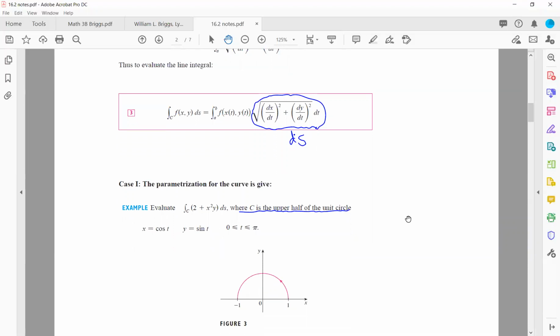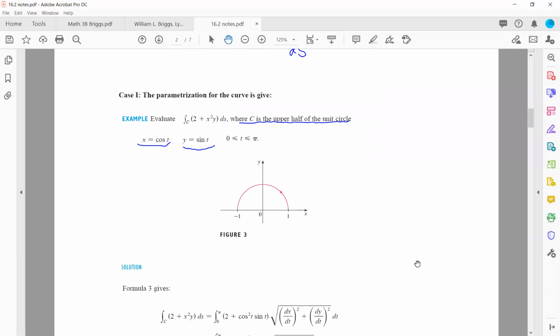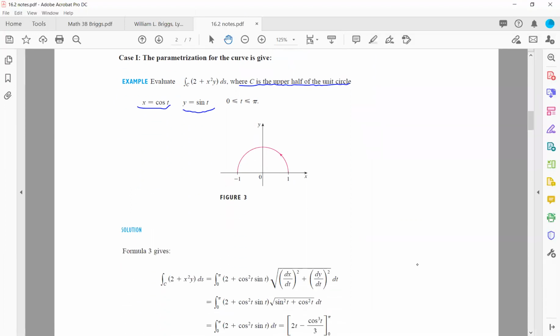Remember, one of the most popular parameterizations for a circle is taking x to be cosine t, y to be sine t, and since you are working with the upper half, your t, or in this case your theta, ranges between 0 and pi. Following the formula, the integral of function f along curve C is equal to the integral.